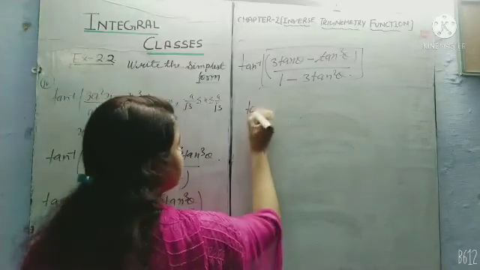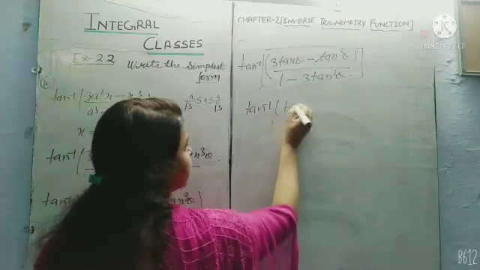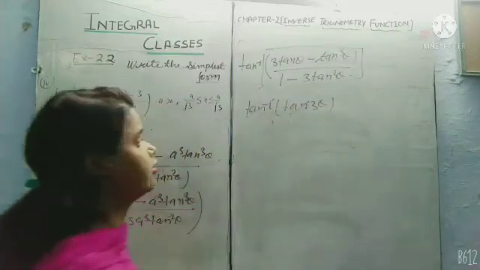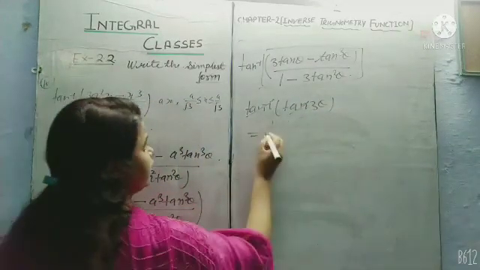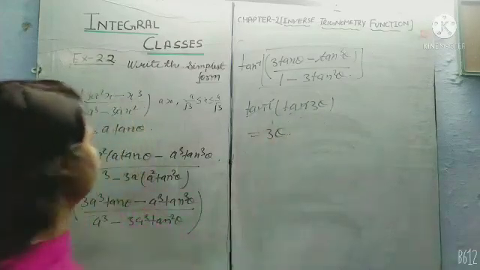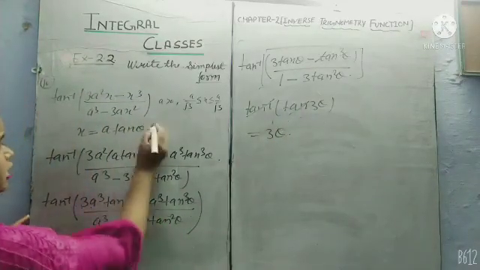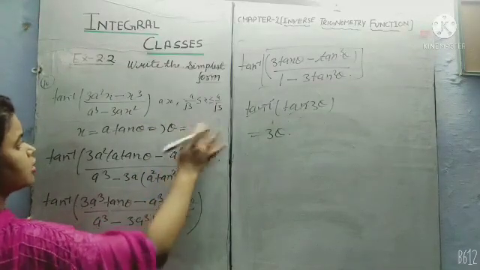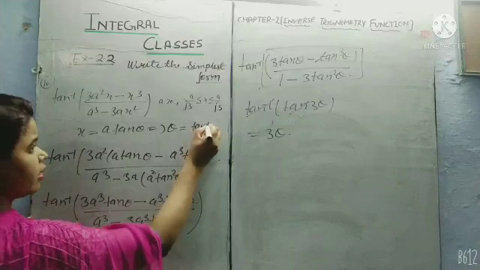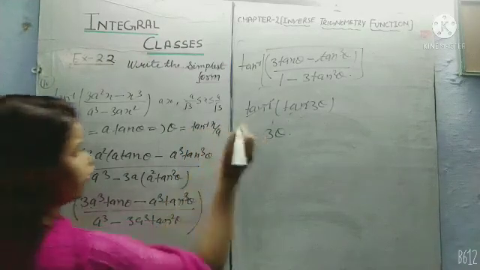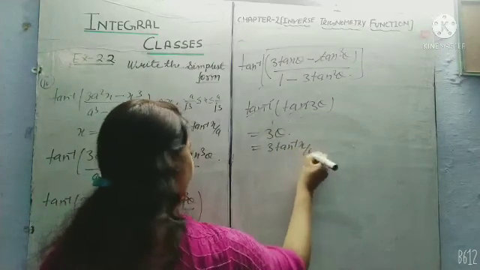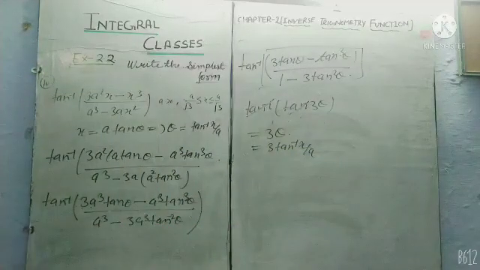So we replace it by tan inverse tan 3 theta. Now tan and tan inverse are cancelled, so we get 3 theta. Now we find the value of theta. Theta is tan inverse x upon a. So we put 3 tan inverse x upon a, which is the answer of this question.